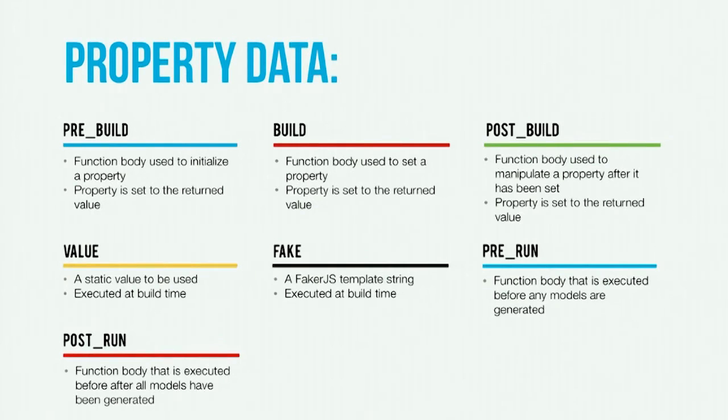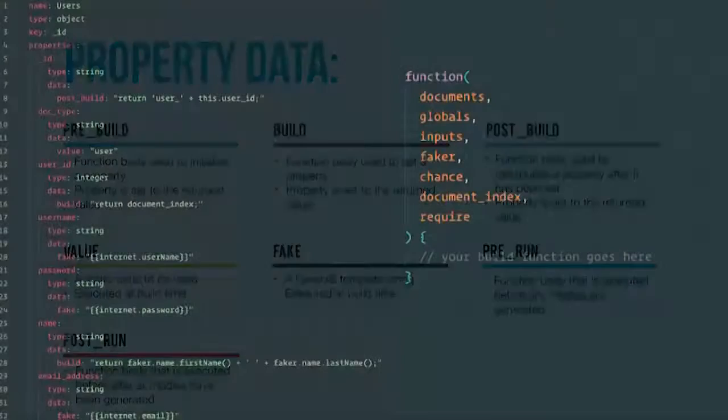So in essence, you could say I'm lazy, right? I wrote a tool so now it's their problem and not my problem. But I try to make it very extensible for these developers, providing them several functions like pre-build, post-build, or build, where they can provide a static value or use template strings. They can do things before a model runs or after a model runs.